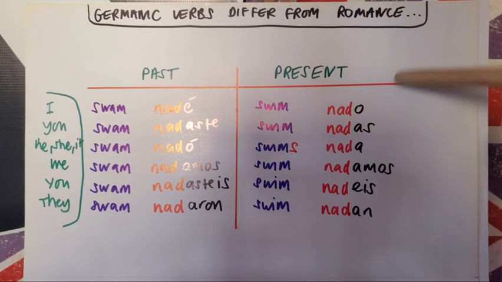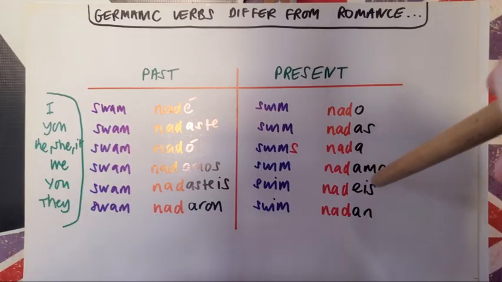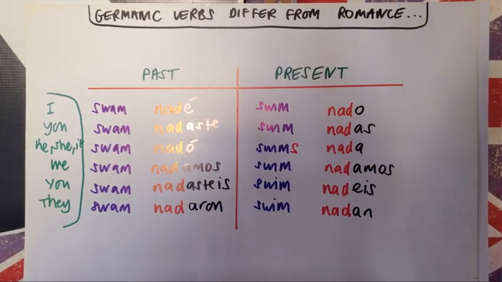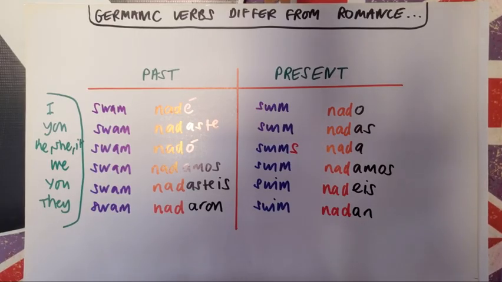Now in Spanish you don't. So in the present tense they go nado, nadas, nada, nadamos, nadáis, nadan. And if you're in mainland Spain around Madrid, don't forget to pronounce the d with a th sound. Nado, a soft th sound. Nado, nadas, nada.